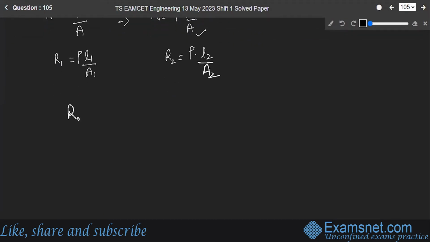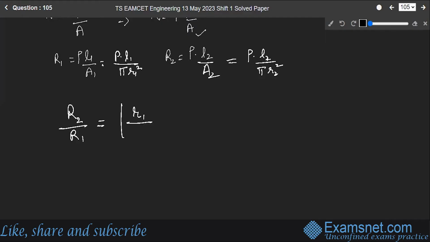So you will have R2 upon R1. If I look into area, this is equal to pi r1 square, and this is equal to rho into length 2 upon pi r2 square. Okay, so this makes r1 upon r2 whole square into L2 upon L1.